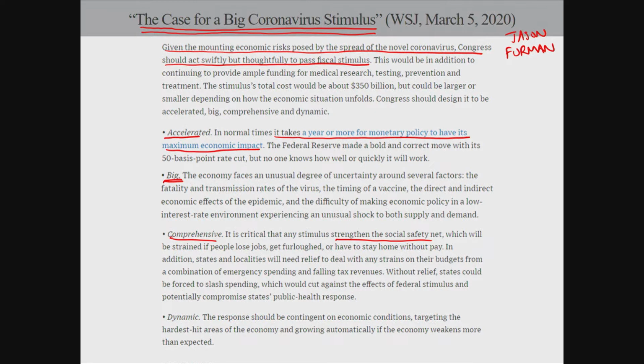And then finally, it should be dynamic and contingent on economic conditions. For example, if the economy starts to recover quickly, maybe scale it back, whereas if the economy goes further and further in, then perhaps increase it, and especially in the hardest hit areas. If we are about to enter an economic downturn, there will be heterogeneity across geographic areas with respect to the magnitude of the hit.